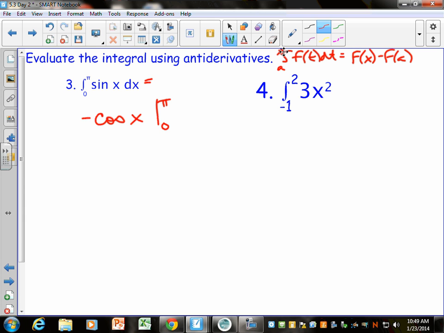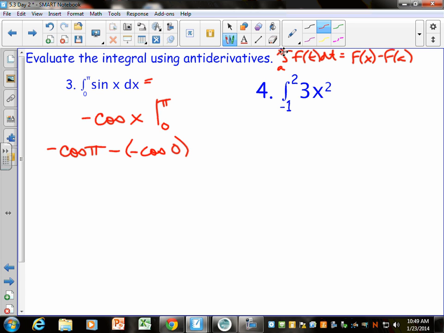And then you're just going to plug in the top bound and subtract it from the bottom bound. So I'm going to say negative cosine of pi, watch your signs here, minus negative cosine of 0. That's my capital F of x minus capital F of a. Take the upper bound minus the lower bound. And then you just work it out.